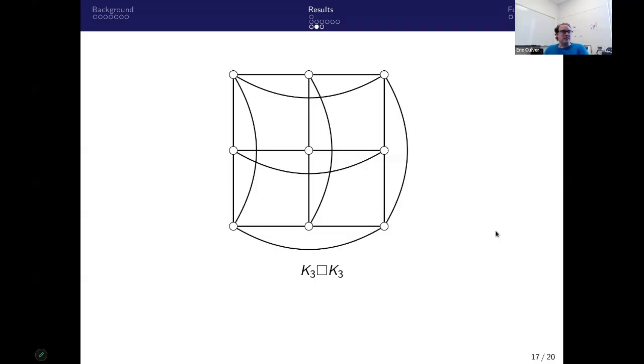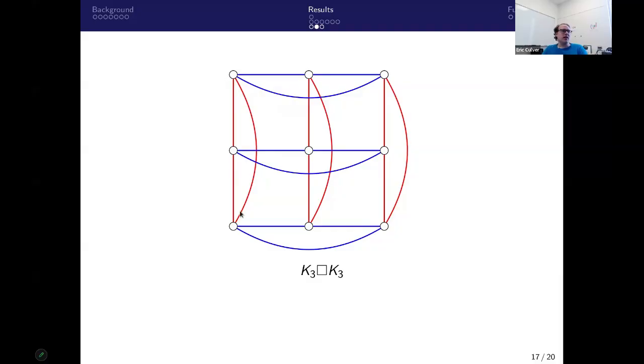Another result is for larger cliques. For all of the results previously, we were decomposing graphs into K2s, cliques of size 2, essentially. But for instance, for this graph, which is a Cartesian product of a K3 with a K3, we can decompose it into essentially a perfect matching of K3s, of two K3s.